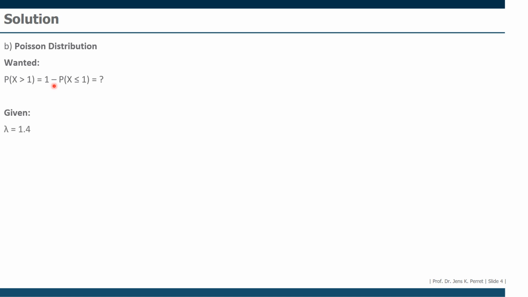Again, we also know from the exercise text our parameter lambda being 1.4, because it's equal to the average, and the average is 1.4. So we can simply use this rewriting, and as I mentioned, extracting this to 1 minus X being equal to 0 and X being equal to 1, because that's the only two cases which are met by being smaller or equal to 1.